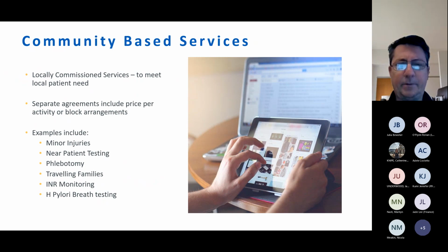Certainly in our local area, I think phlebotomy services have been centralised quite a lot, but I don't know how that works elsewhere in the country. Also things like catering for travelling families, INR monitoring, and H. pylori breath testing. So these are activities where the practice can earn additional money on top of core services.